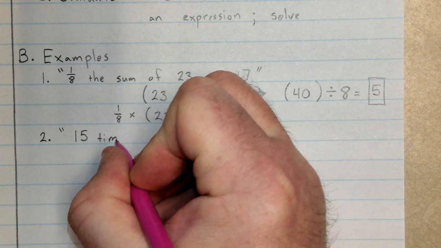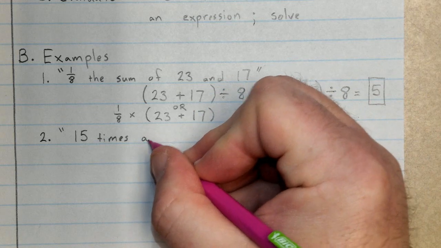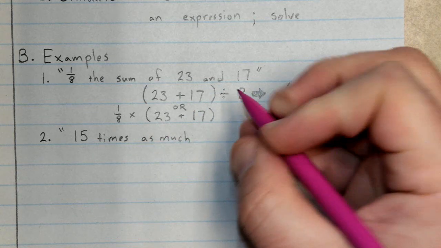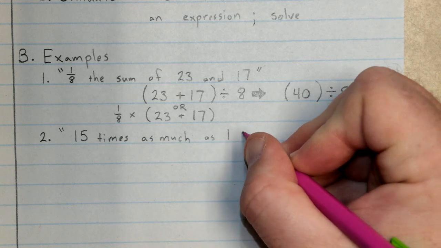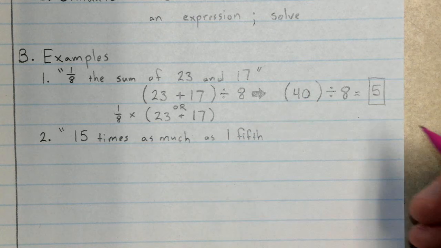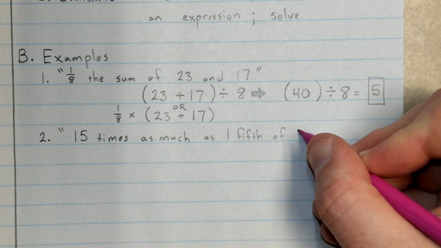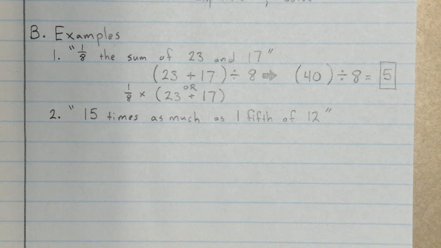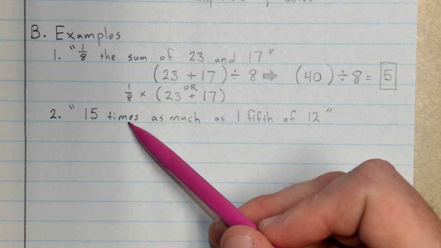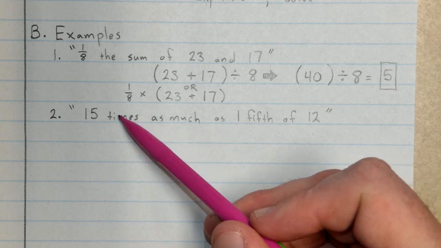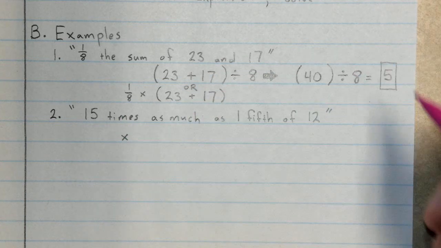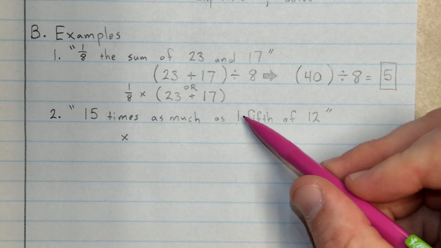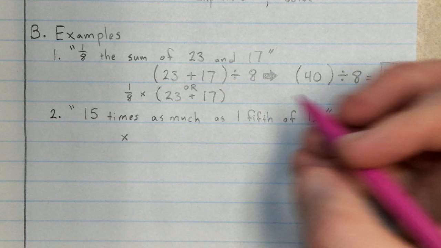15 times, oh boy, 15 times as much as 1/5 of 12. Well, that's interesting. Okay, 15 times as much as 1/5 of 12. Well, we've got some times as much. Times is multiplication. We also have 1/5.